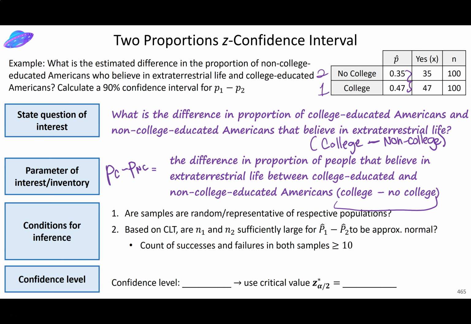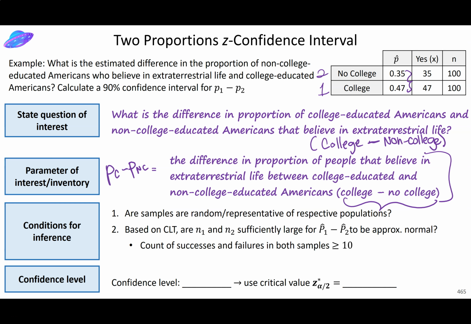So proportion of all college educated folks that believe in extraterrestrial life minus the proportion of all non-college educated Americans that believe in extraterrestrial life. So specifically the difference in proportion of people that believe in extraterrestrial life between college educated and non-college educated, and I specify my order. It is incredibly important. Every time you will lose at least 1 point if you don't specify the order. If it's not obvious which one you're subtracting from the other, it will be a point every time.